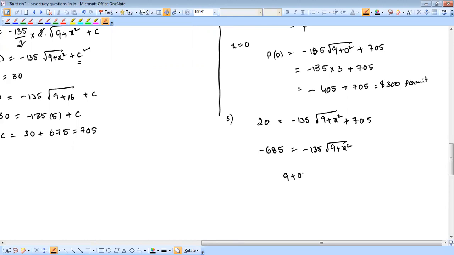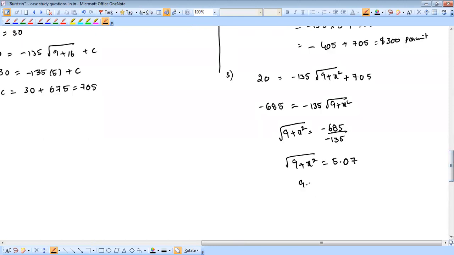So root over 9 plus x squared is equal to 685 divided by 135, which is approximately 5.07.